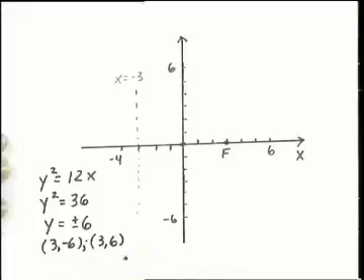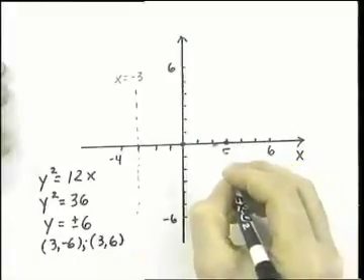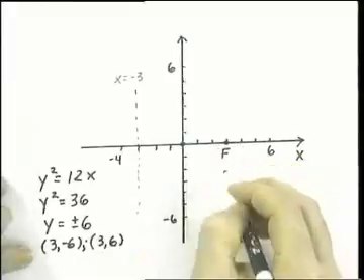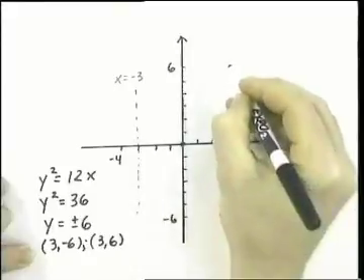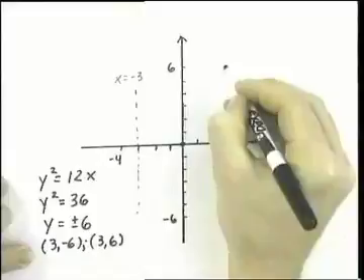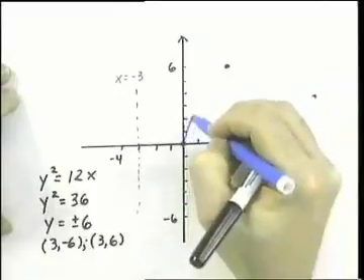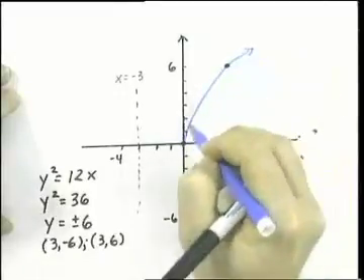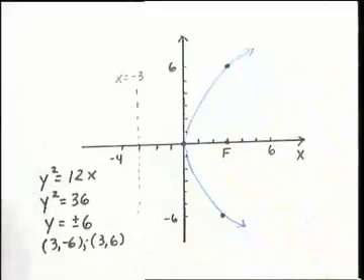These points are referred to as the latus rectum. So we're going to label the point 3, -6, and 3, +6. These points are going to help us determine the size of the opening of the parabola. We draw our graph through these 2 points, and we obtain the graph of the parabola.